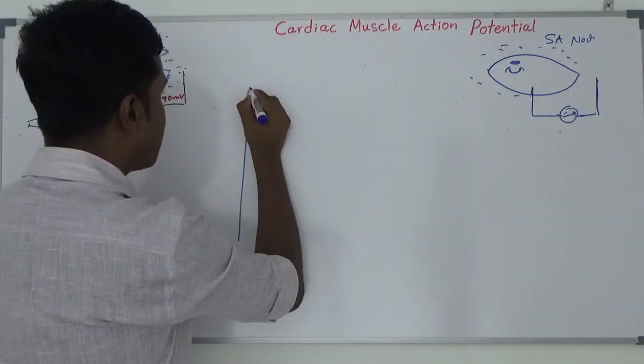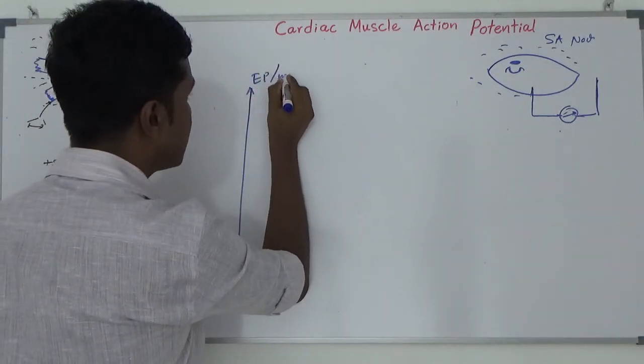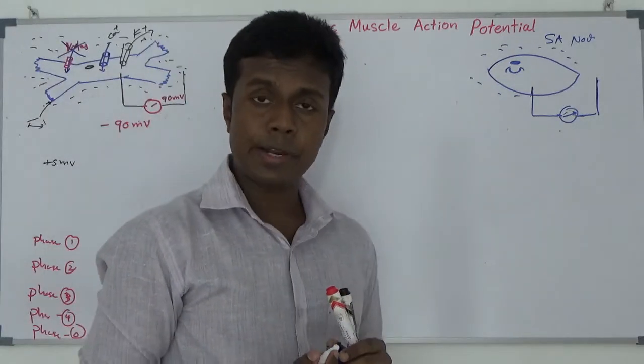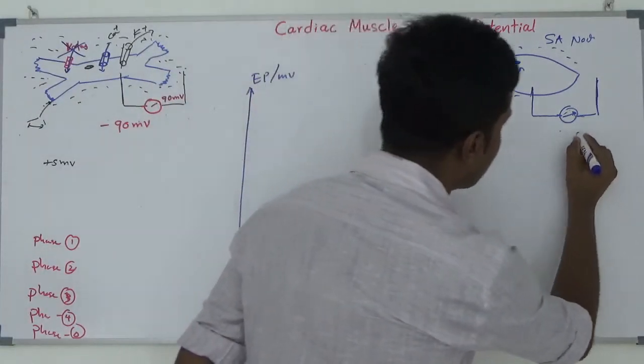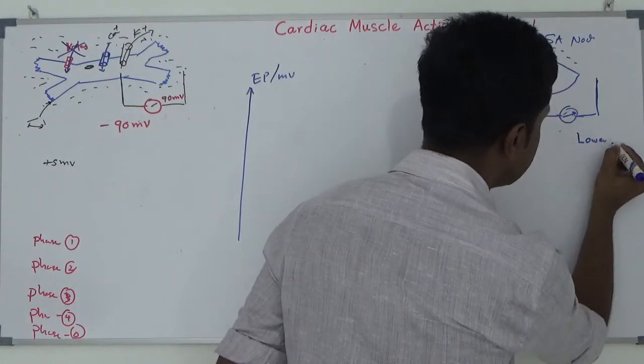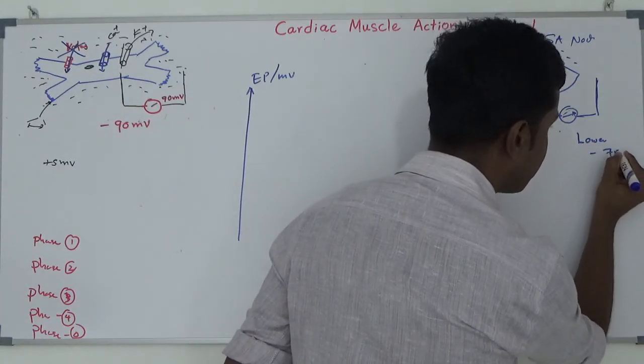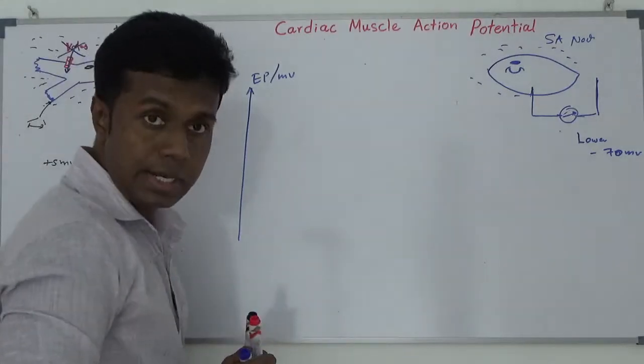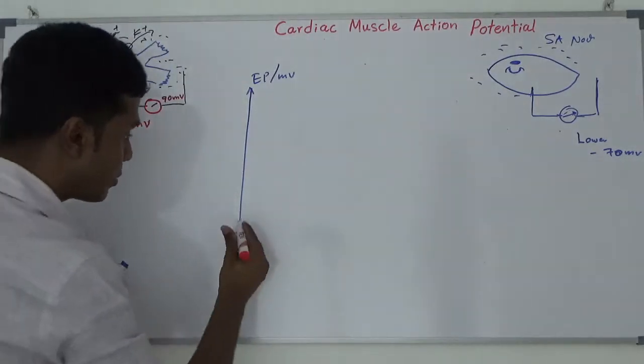Here is my electrical potential in millivolts, here is time. Actually, the lowest value of the SA nodal cell is about minus 70 millivolts, while the myocardial cell is about minus 90 millivolts. Here I am going to start with minus 70 millivolts.